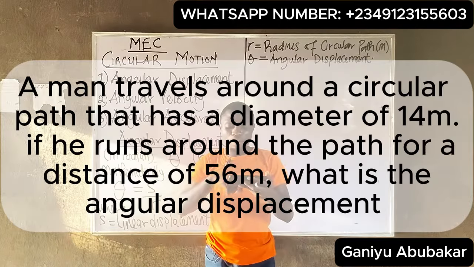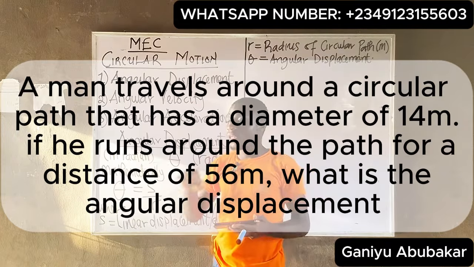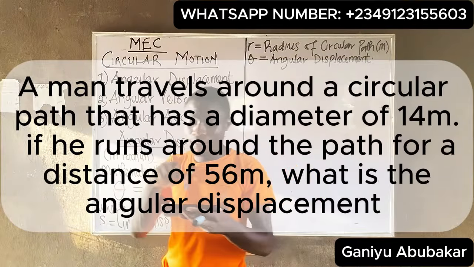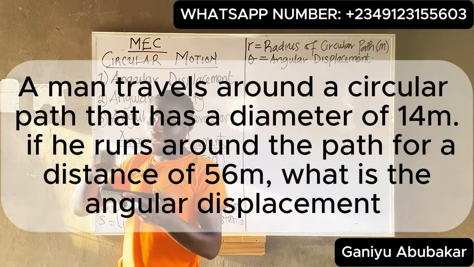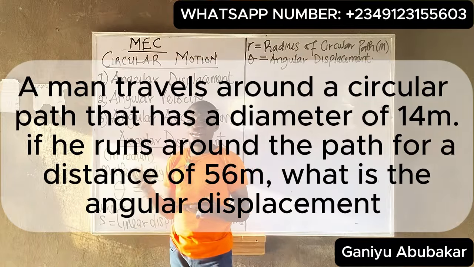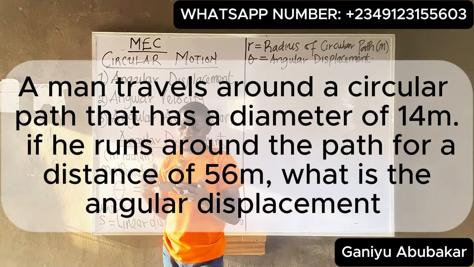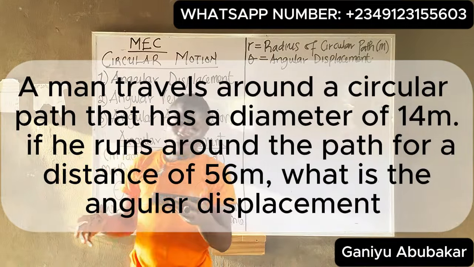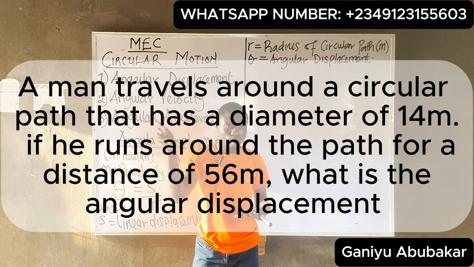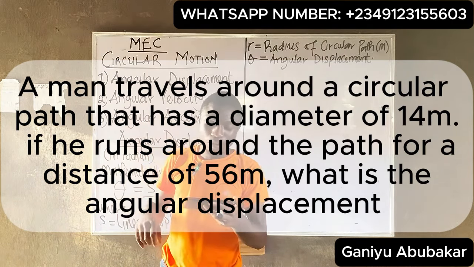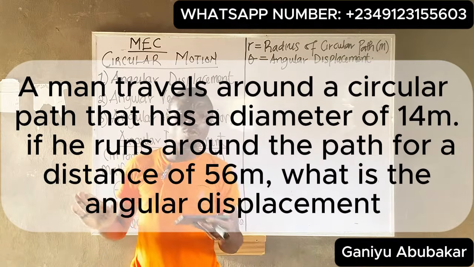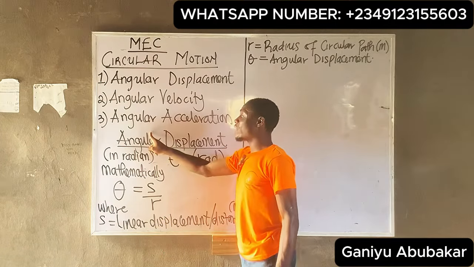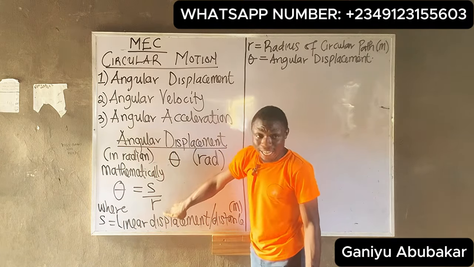A man travels around a circular path that has a diameter of 40 meters. Please don't forget, I'm saying again, that angular displacement is distance over radius.